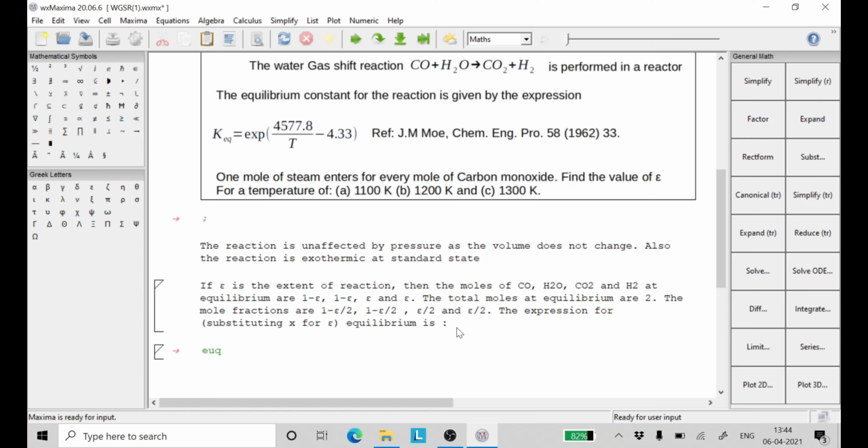So the equilibrium expression is going to be 1 minus x divided by 2. That's it.